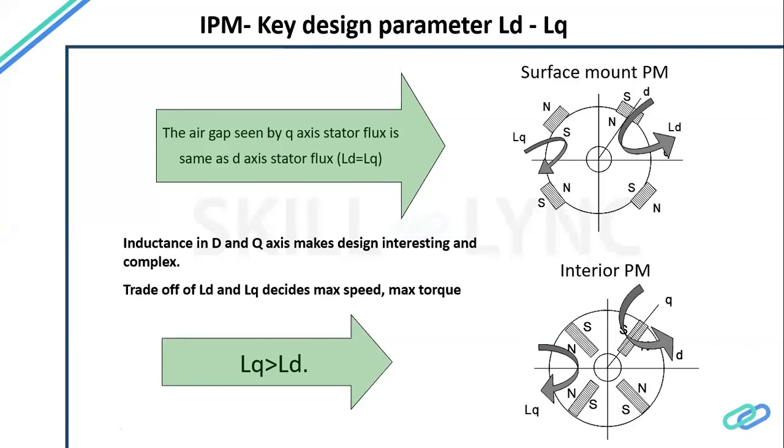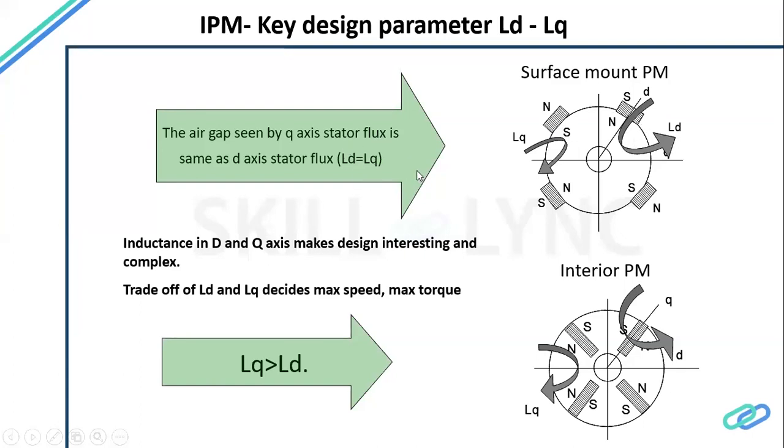The flux paths are like this. Whereas in the surface mount permanent magnet machine, they are pretty close. The inductance of D, LD, and the inductance of Q, LQ, are almost the same, because permanent magnet permeability is close to air. So it sees almost LD equal to LQ.